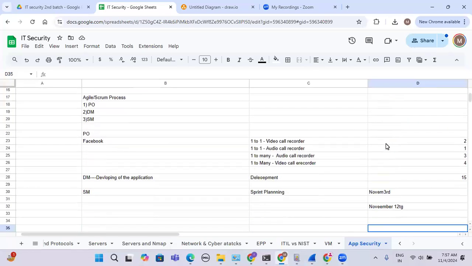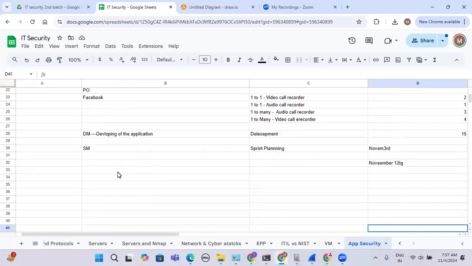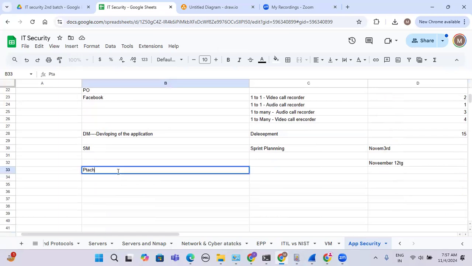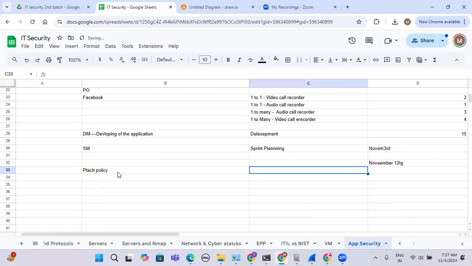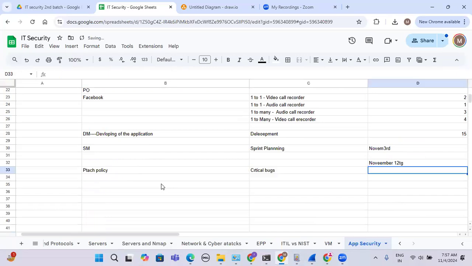Okay. So for patch policy, I will give an example, whatever we followed in my ex company. Whenever any critical vulnerabilities or critical bugs or critical code scanning related issues occur, we have to fix them in a 2 weeks time period, nothing but 10 business days, 10 working days.